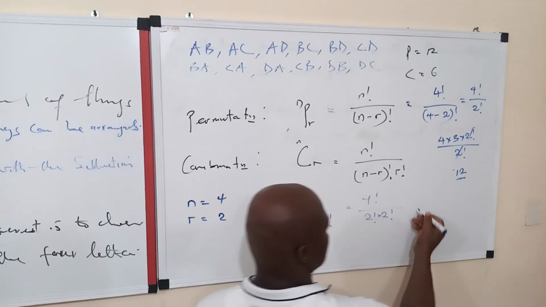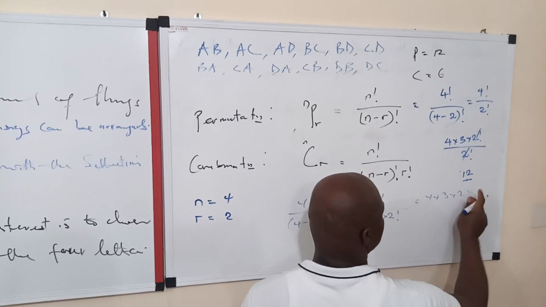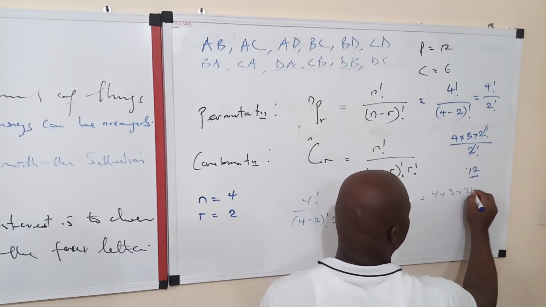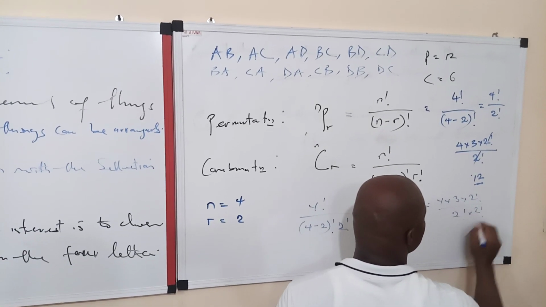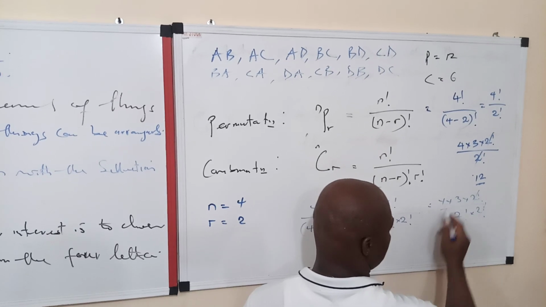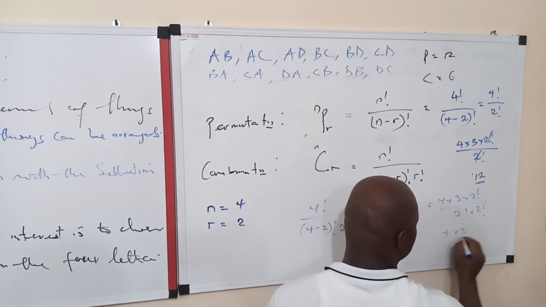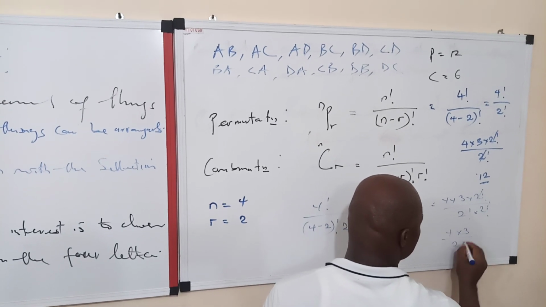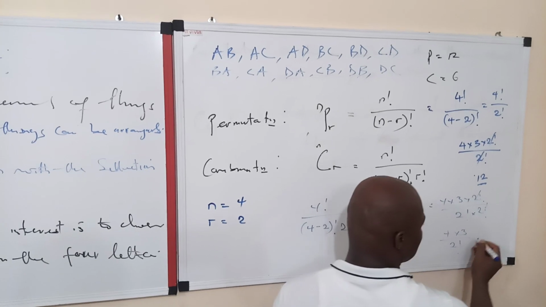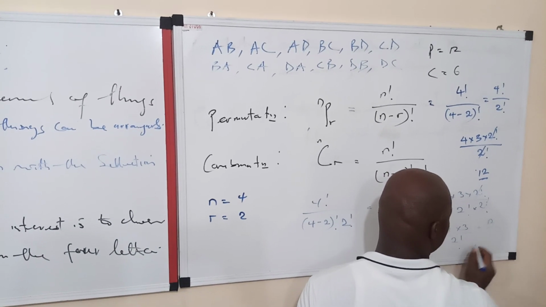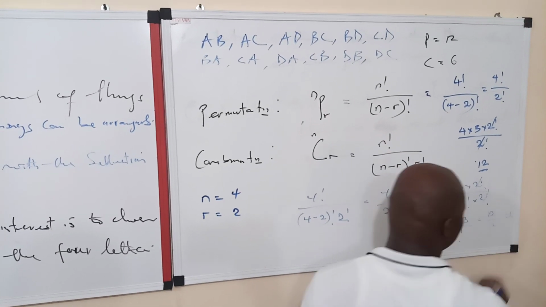And 4 factorial is the same thing as 4 times 3 times 2 factorial, all over 2 factorial times 2 factorial. So this one and this one cancel, and you'll be left with 4 times 3 all over 2 factorial. So 4 times 3 is 12, whereas 2 factorial is the same thing as 2 times 1, which is 2, and you have 6.